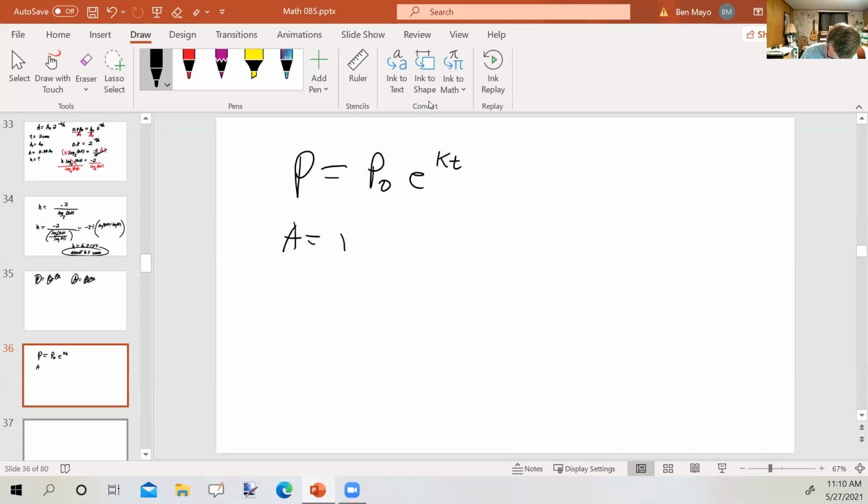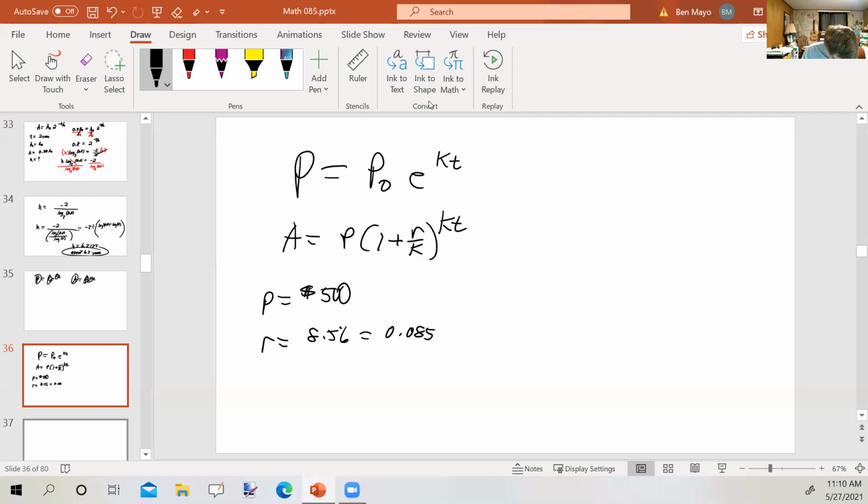This one, A equals P times 1 plus R over K to the KT power, where K in this case stands for the number of compoundings. So the key word there is the lack of continuously, where it says semi-annually. All right. So the principal is $500. The interest rate is 8.5% or 0.085.